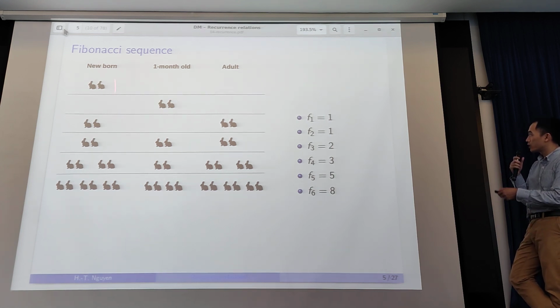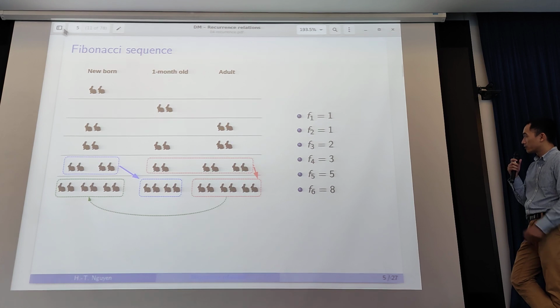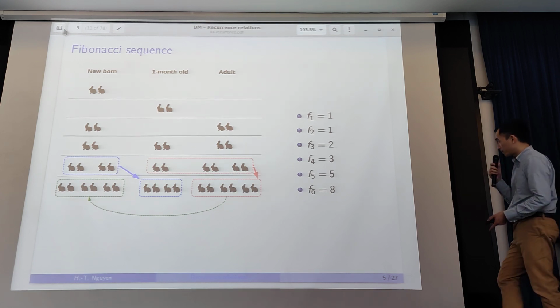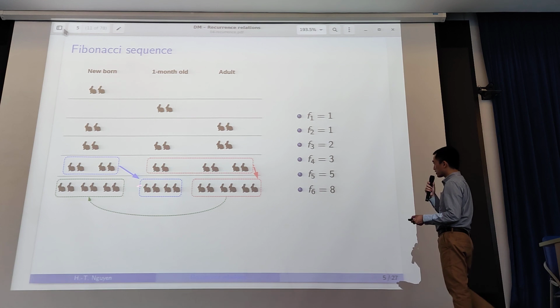We look at the 3 columns, and we look at the movement of the pairs of rabbits in the column. Let's see, for example, this month and this month. We compare the number of pairs of rabbits between 2 consecutive months.